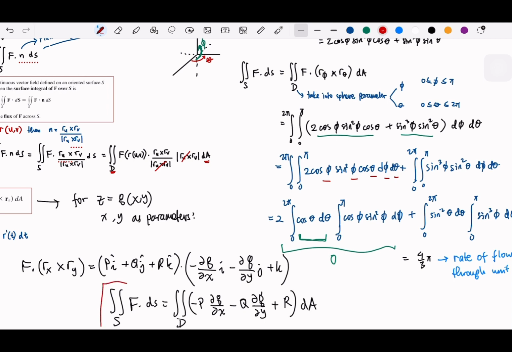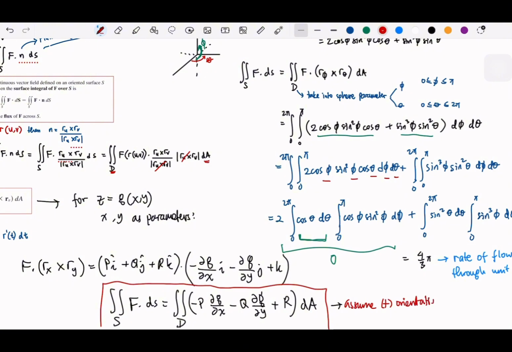So this could be true as well for xy as parameter. This assumes positive orientation.